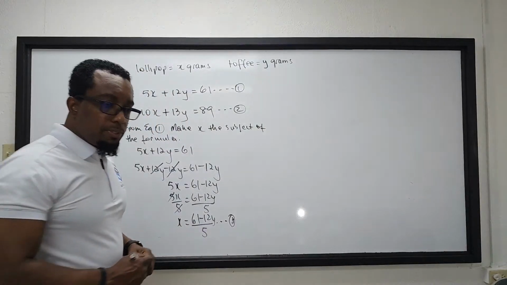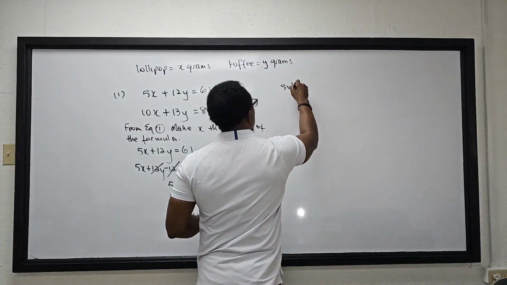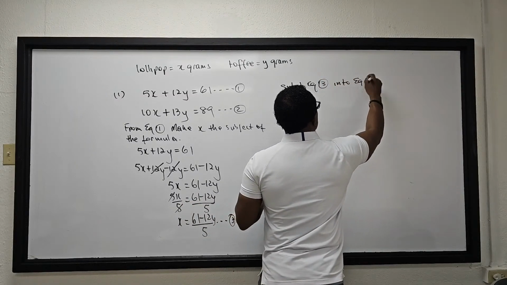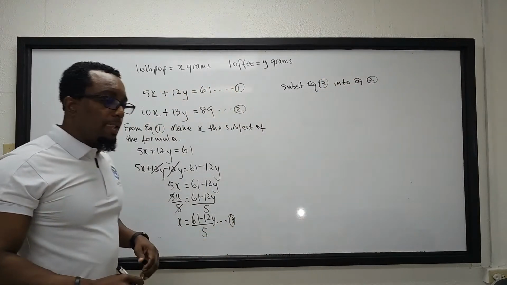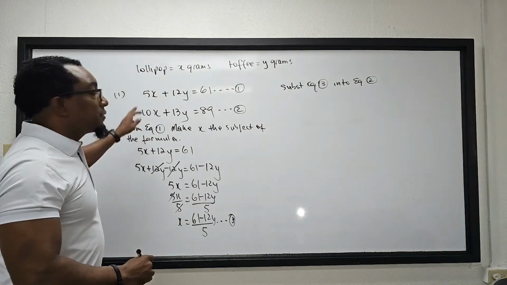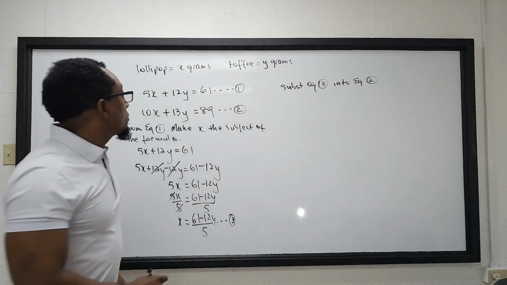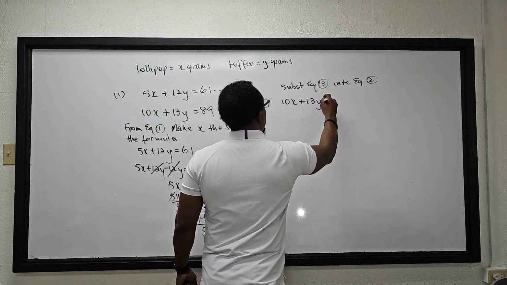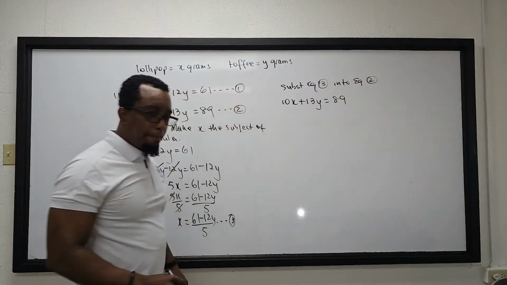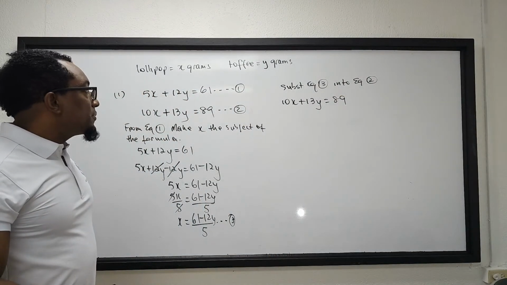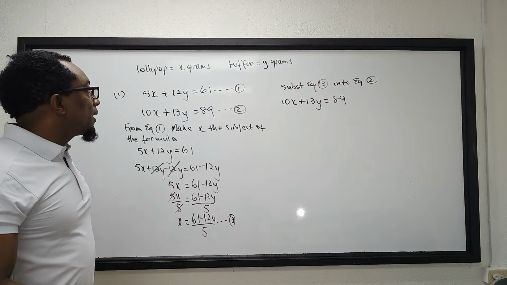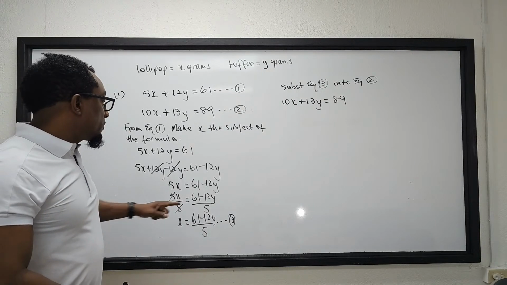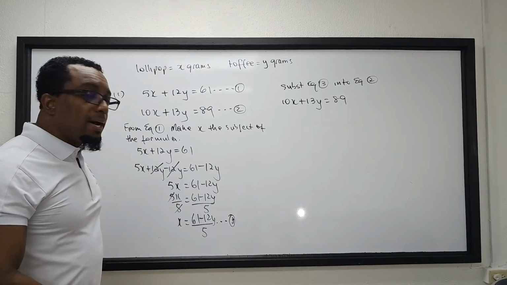So I'm going to substitute equation 3 into equation 2. And what are we going to get? I state equation 2. Equation 2 it is 10x plus 13y is equal to 89. And where I see x in equation 2, I'm going to replace it with 61 minus 12y over 5.